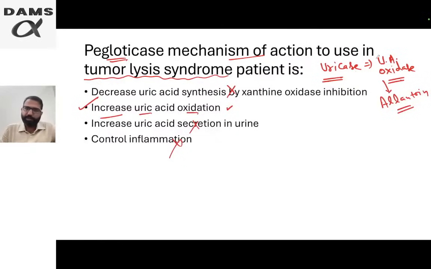Even if hydrolysis is there, the correct answer will be oxidation, so instead of uric acid hydrolysis, this is wrong. Oxidation, because it is the urate oxidase. So uric acid oxidation is the correct answer.